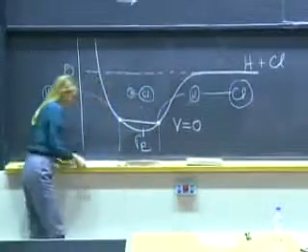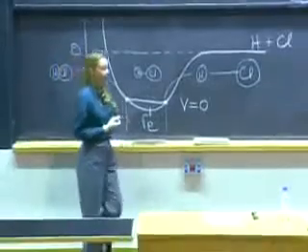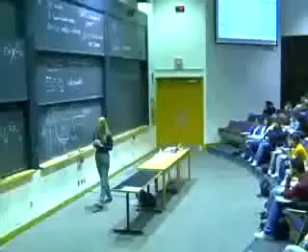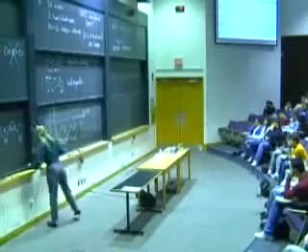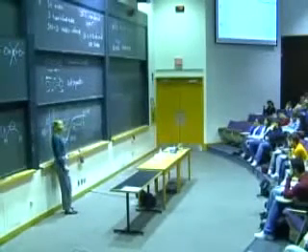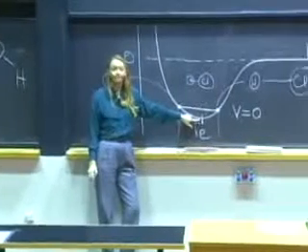Okay. Now, what I also want to point out to you is something that I've been kind of misleading you about for the last few weeks. And that is that this molecule is not sitting in the bottom of this well.